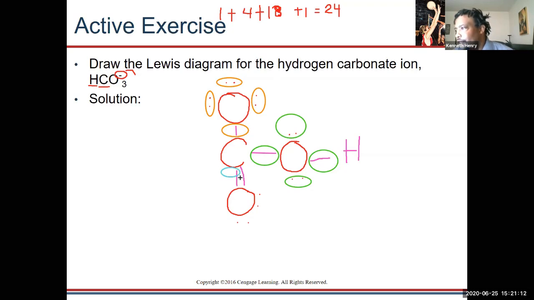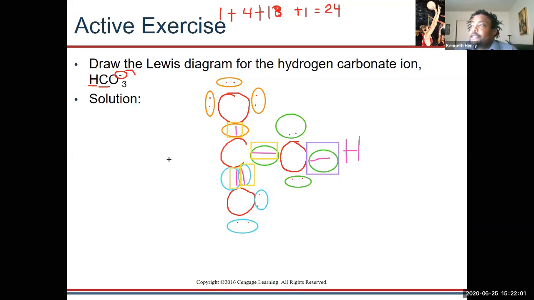We have 2, 4, 6, 8 for that oxygen. We have the 2 for the hydrogen. And then we have 2, 4, 6, 8 for the carbon.